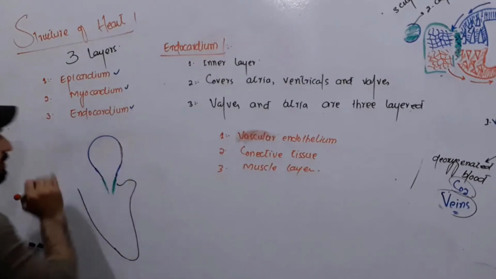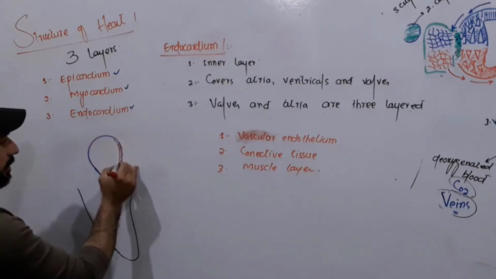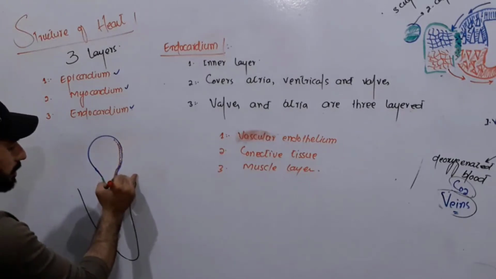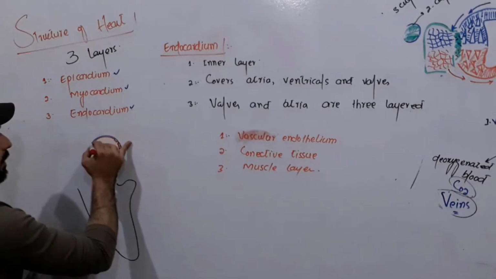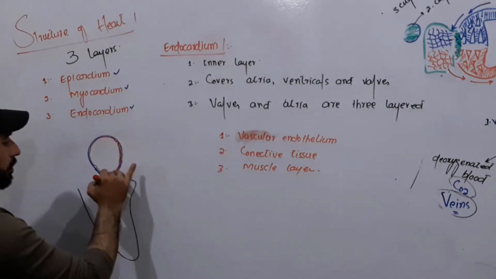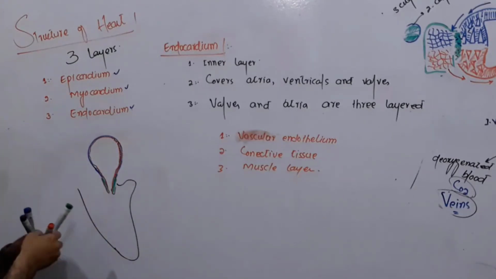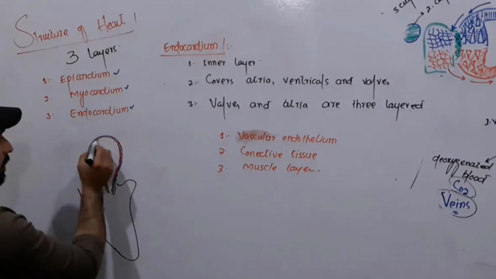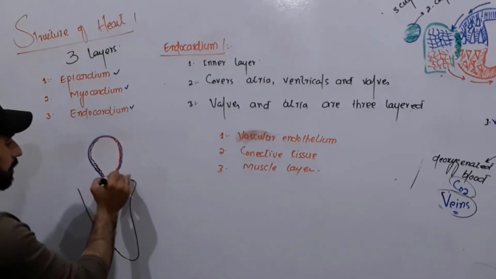Now look. As we are discussing endocardium, this is the first layer, then there is the second layer, which comes up toward the valves, and then there is the third layer. Clear, friends?